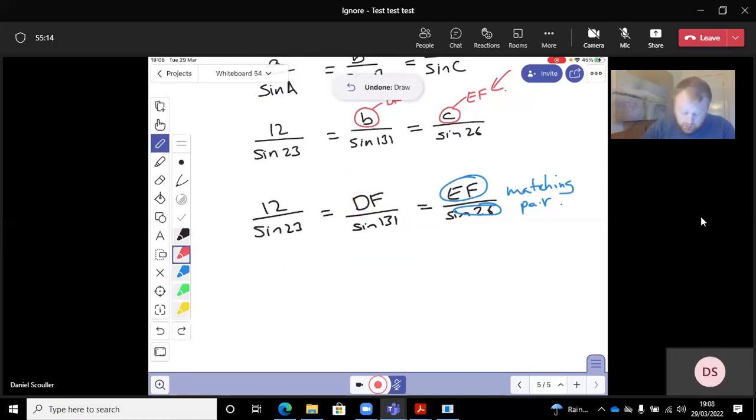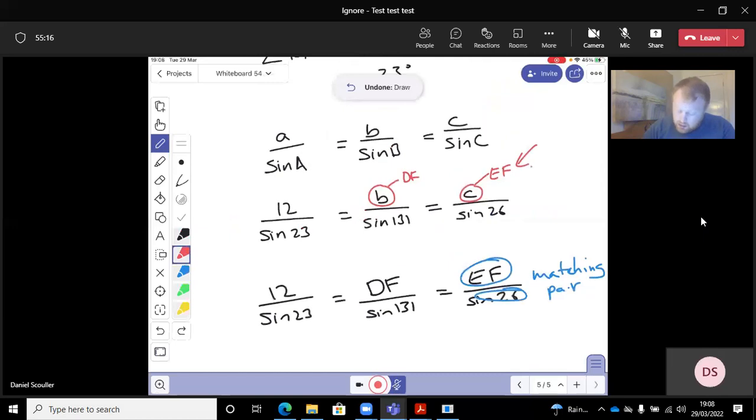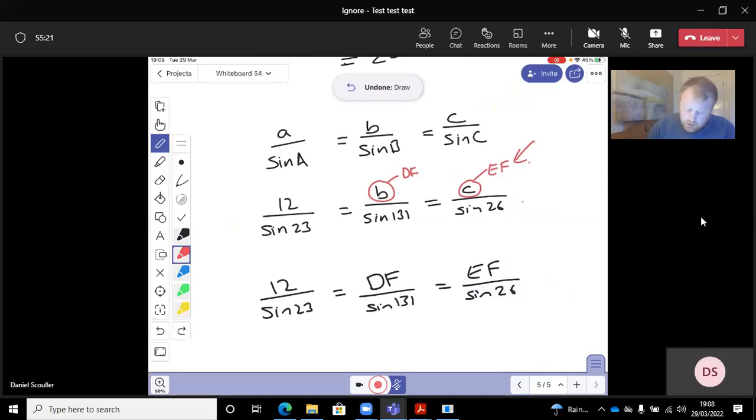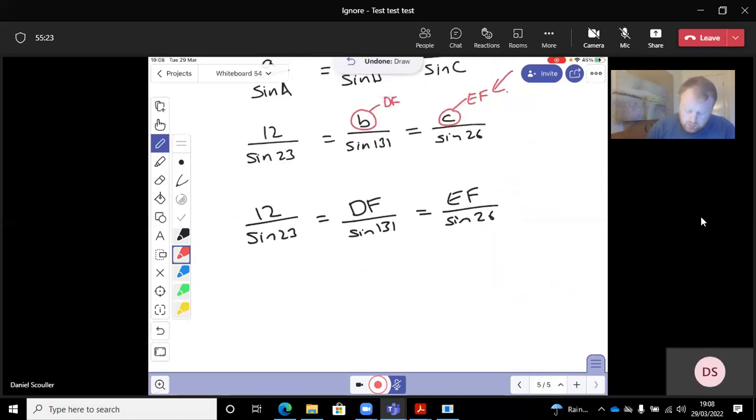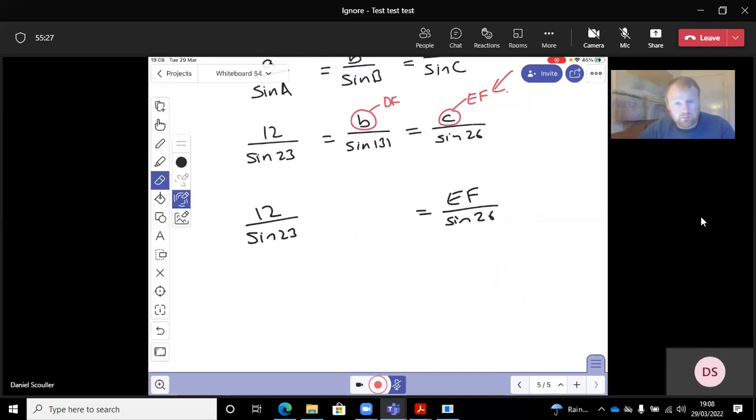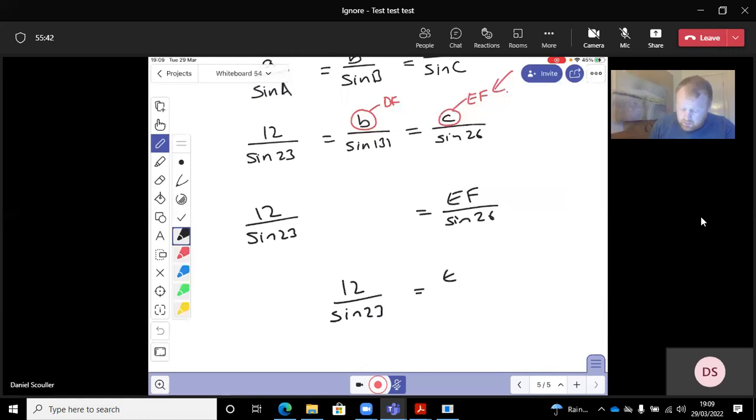But we're wanting to find EF, so we don't need that part. That's the only bit we need, so you can remove that. 12 over sine 23 equals EF over sine 26.